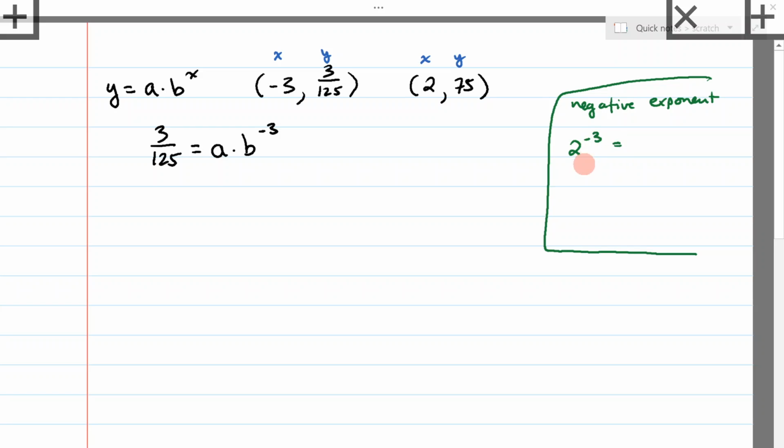The negative exponent means that this thing needs to go into the denominator, and then I make the exponent positive. So it's the same thing as 1 over 2 to the 3rd power. The 2 goes into the denominator, the exponent 3 becomes positive, and 2 to the 3rd power is 2 times 2 times 2, which is 8. So you get 1/8.